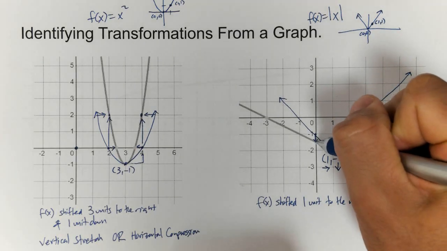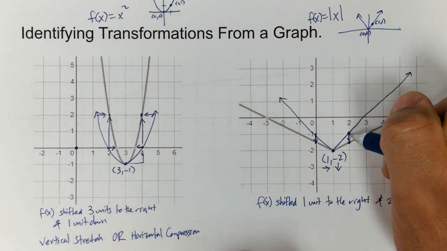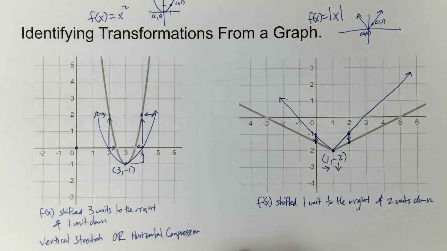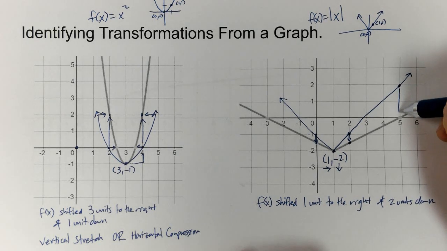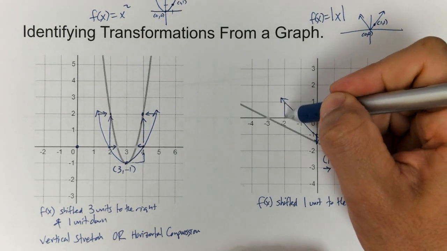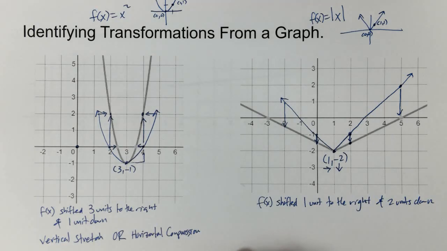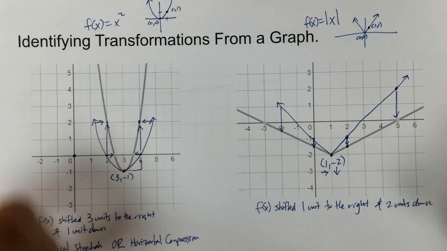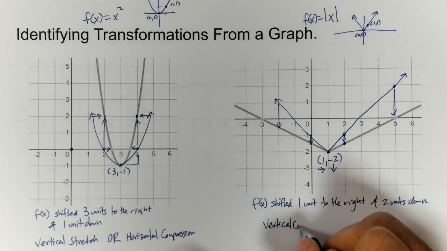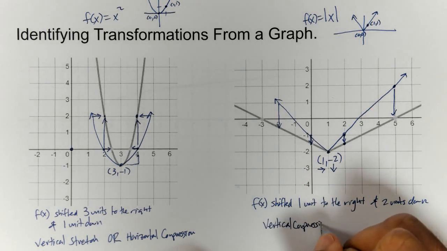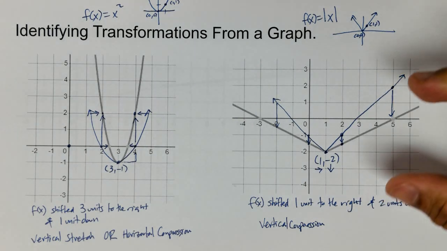I was expecting it to go up 1 over 1, but it went a little bit lower. So vertically, what's happening here? What is happening to these points if it's going lower? They're going lower than expected, so we call this a vertical compression, because I'm squeezing the graph downward.